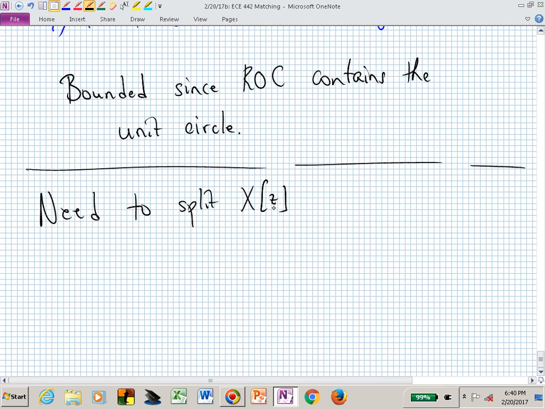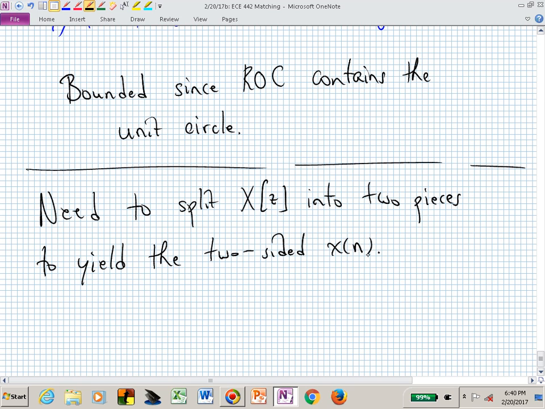So we actually need to split this capital X of z into two pieces to give us the two-sided x of n.